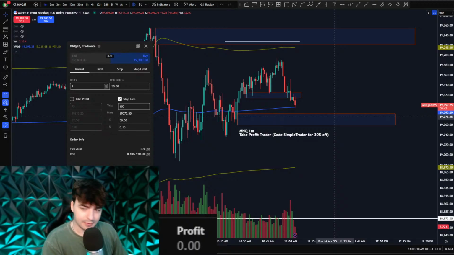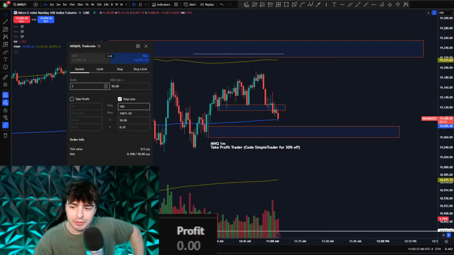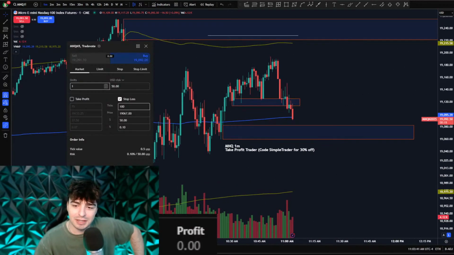Come on. There it is at that VWAP. Alright, looks like we're going to get our opportunity here. Remember, don't blindly copy me. Especially today.